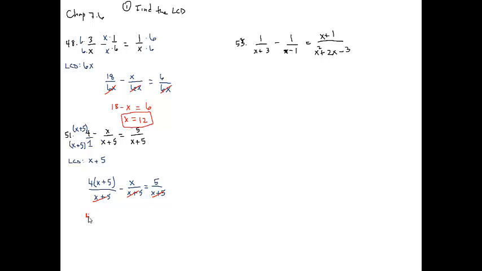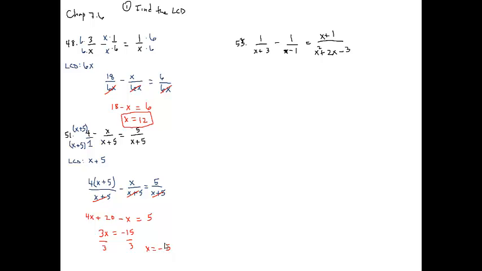And we're left with 4x plus 20 minus x equals 5. And let's solve for x. So I have 3x equals negative 15, divided by 3, and you get x equals negative 5.